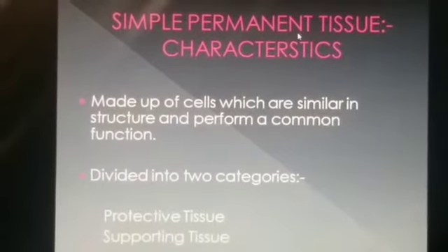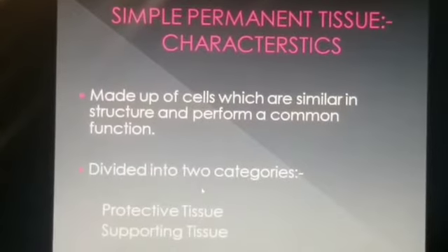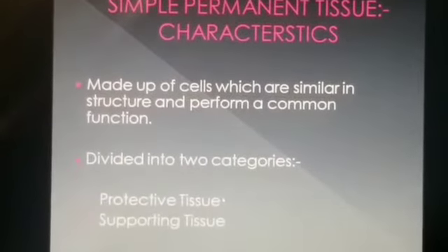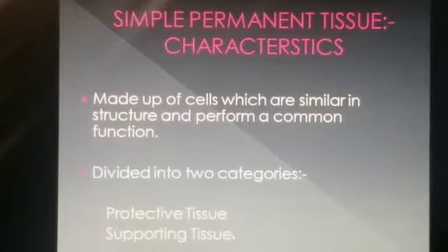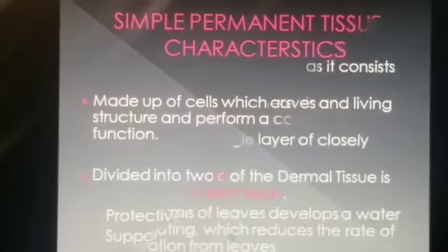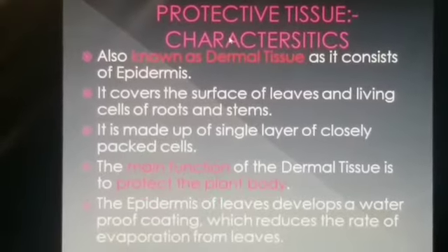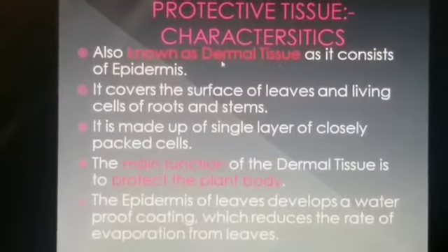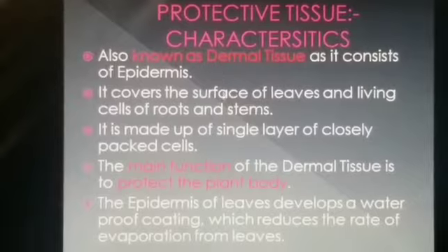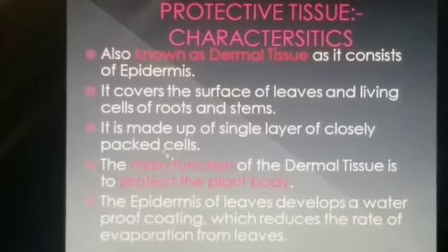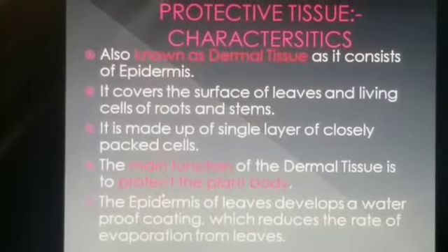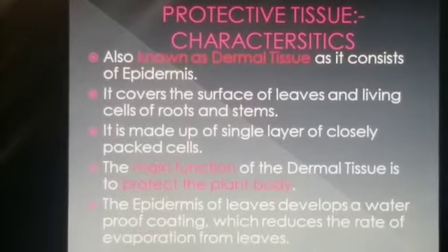Again, simple permanent tissue can be divided into two categories: protective tissues and supporting tissues. Then I have discussed with you the characteristics of protective tissues. They are known as dermal tissues also, and protective tissues' main function is to protect the plant body.